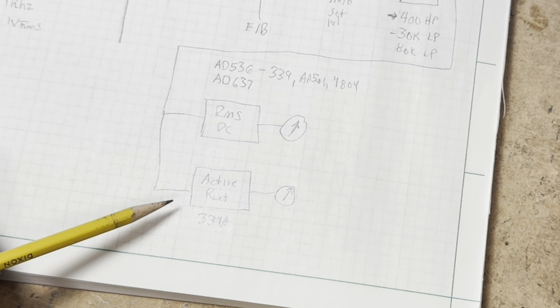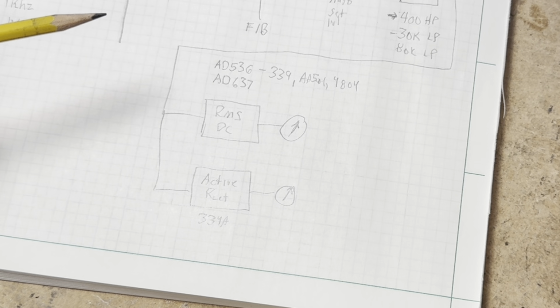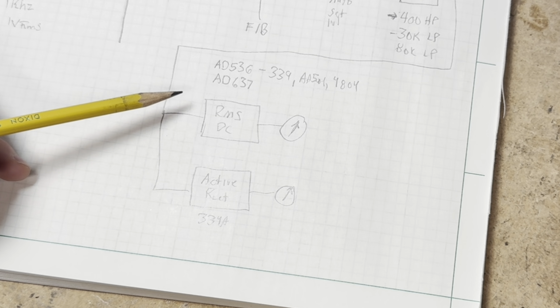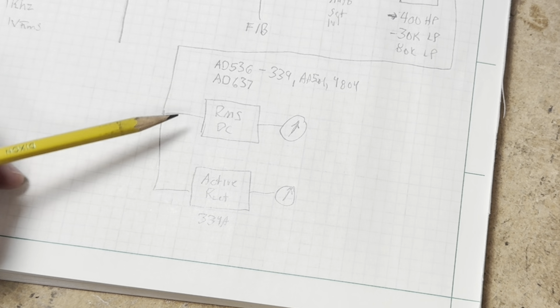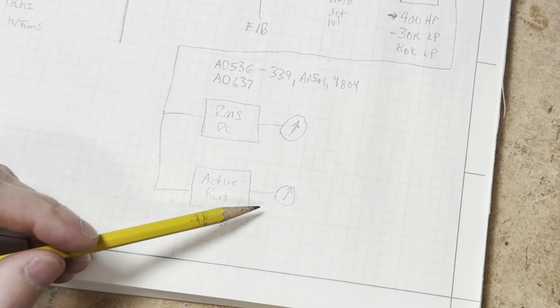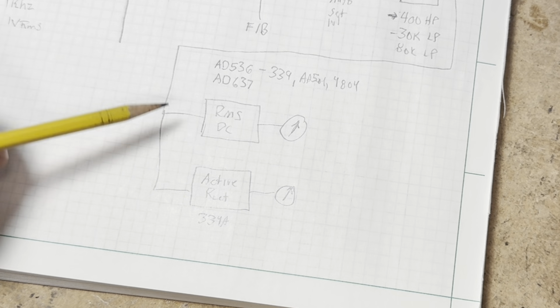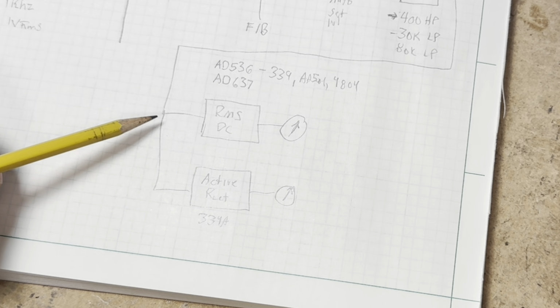accuracy of our measurement. And this is talked about in the HP 339A service manual, where they do some comparisons between true RMS and using active rectification for the signal measurement. And they talk about how you could have some error. And the error is variable.